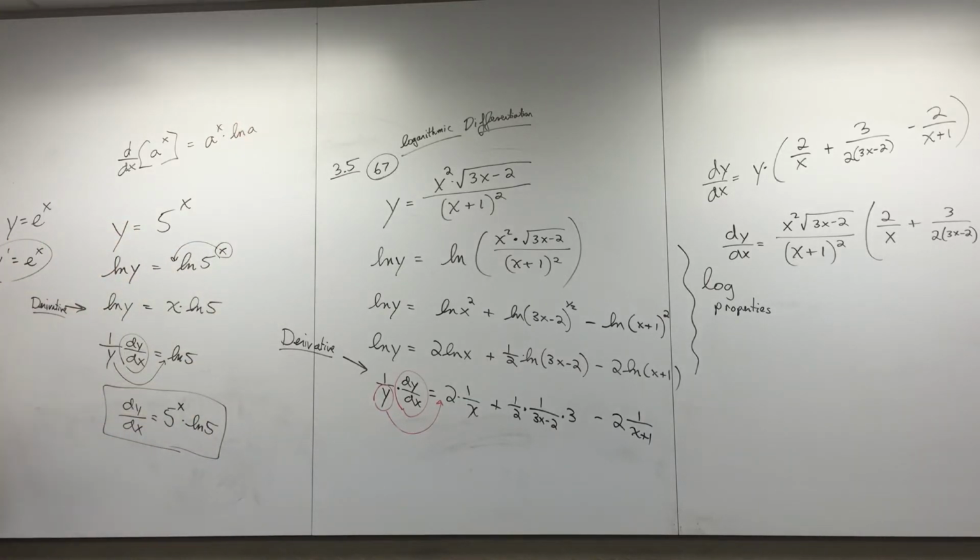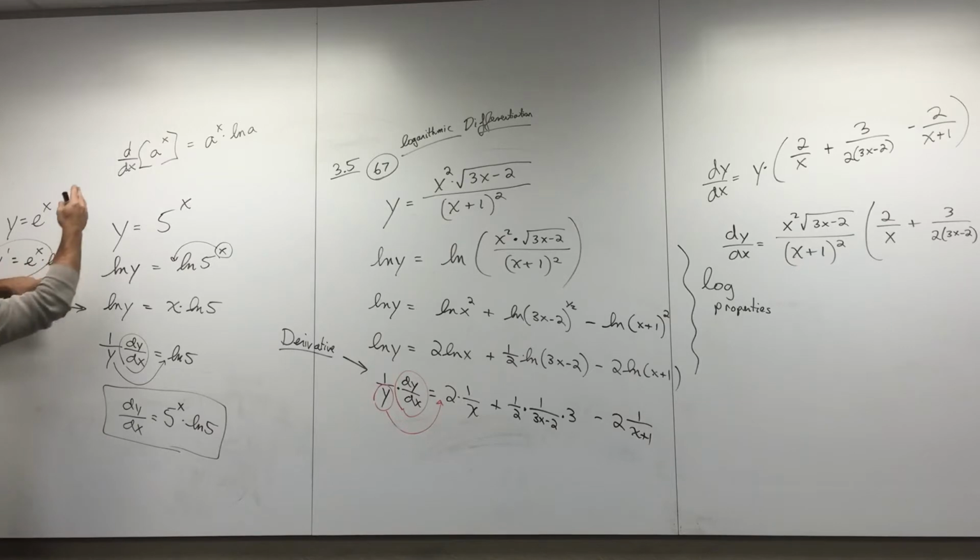But I just proved that rule to you by using logarithmic differentiation, taking the log of both sides and then doing the derivative. By the way, that rule kind of works on this. The rule might be e to the x times the ln of e. But we never write that because, you know what the ln of e is? 1.